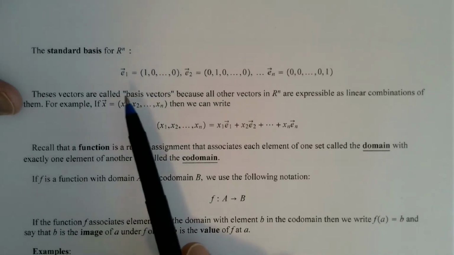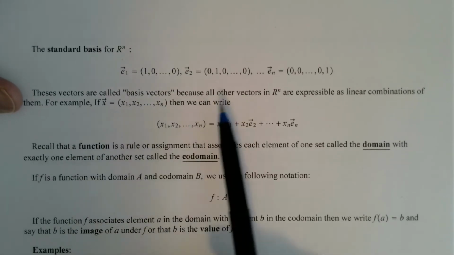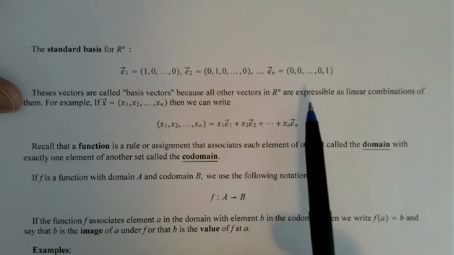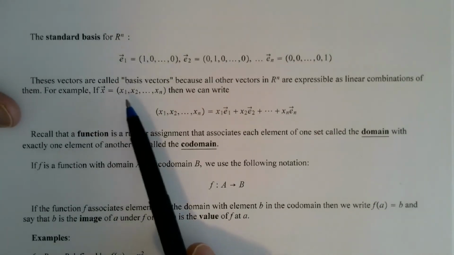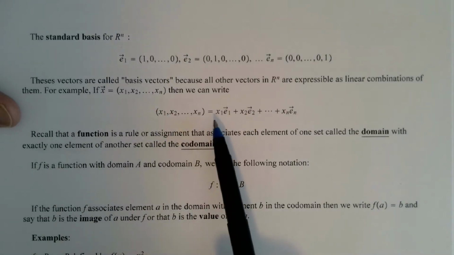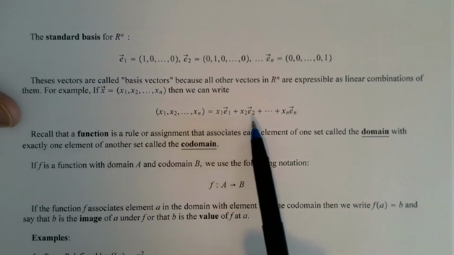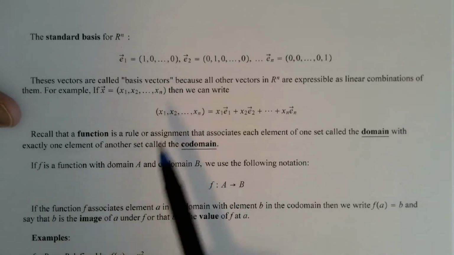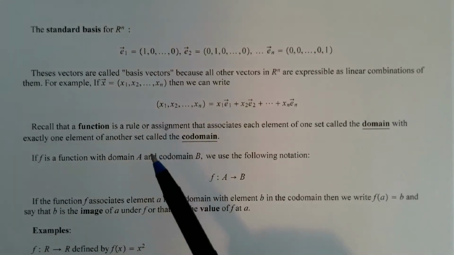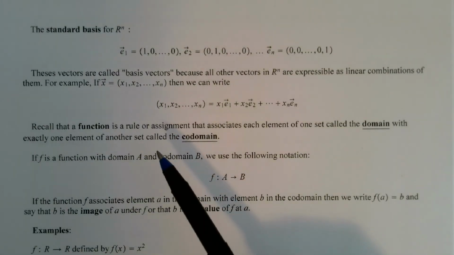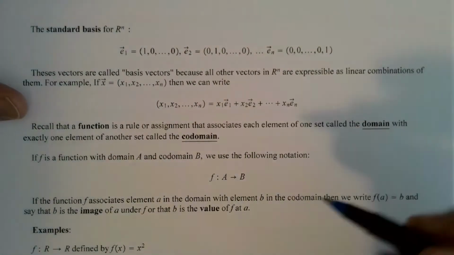The reason we call these basis vectors is because all the other vectors in n-space are expressible as linear combinations of them. So if x is this vector, then we can write it as this linear combination of those basis vectors up there. So if you have the vector in 3-space, some of you write 3, 2, 1, right?